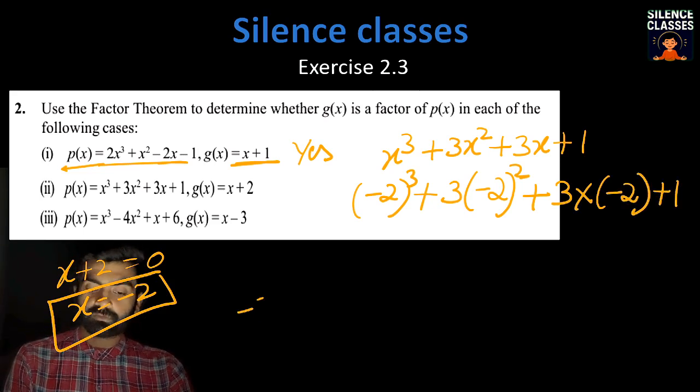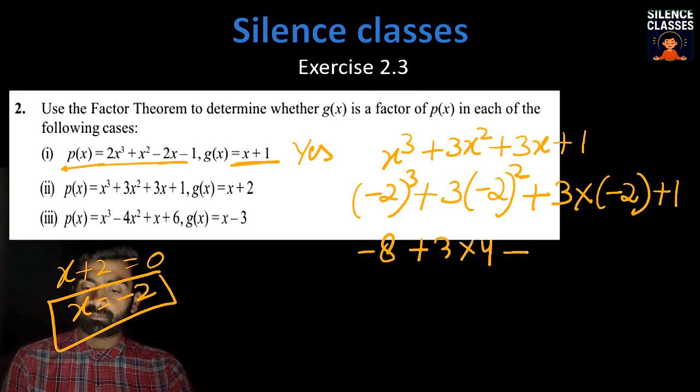So minus 2 multiplied by minus 2 multiplied by minus 2, the power is an odd number, so we will always get a negative answer. 2 2s are 4 and 4 2s are 8, so we will get minus 8 plus 3 multiplied by minus 2 multiplied by minus 2, we will get 3 multiplied by 4, plus minus will become minus, and 3 2s are 6, plus 1.